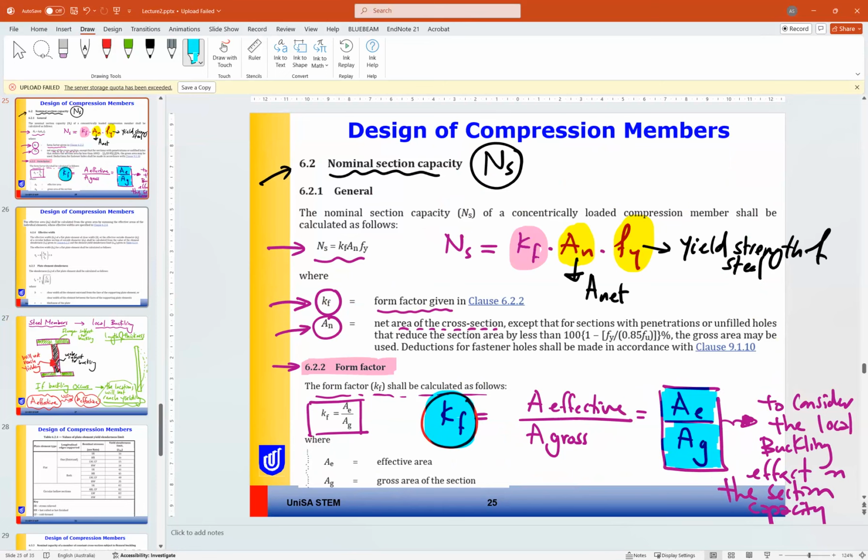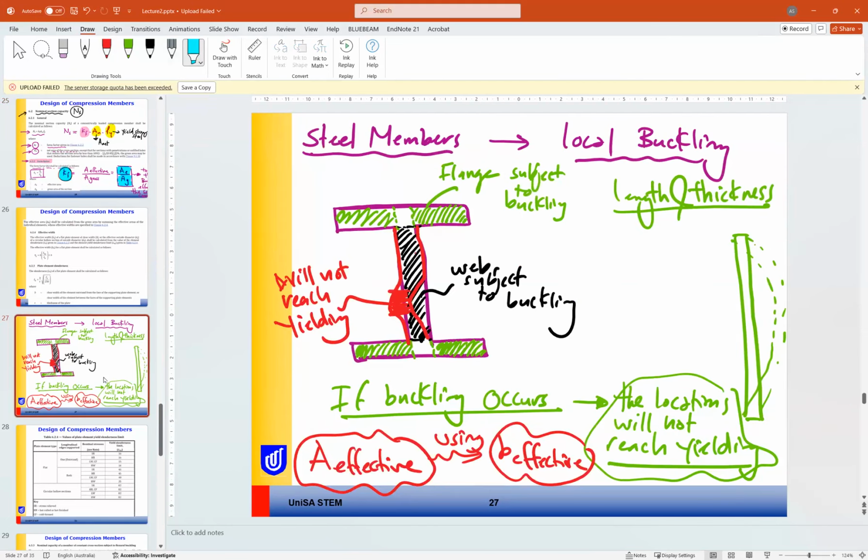If the effective area over the gross area is 1, this means the whole section will reach yielding, and no local buckling will happen in this section. But if, for example, this area doesn't reach yielding, then Ae over Ag is less than 1, which means local buckling will occur at some points.